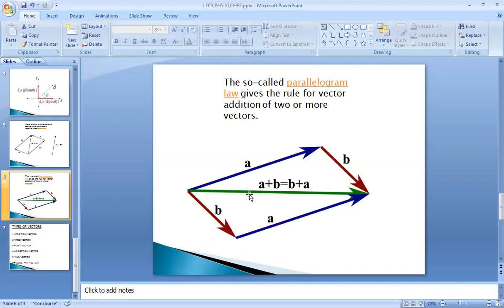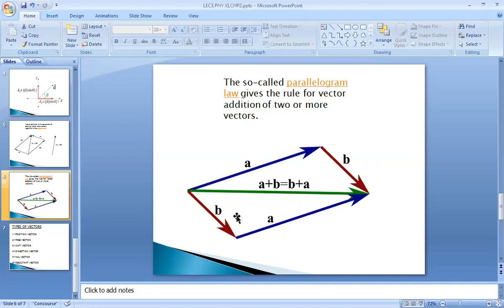See here, the green vector, initial to final. This arrow will not be on the left side; it is on the right side because it is directed from the initial to final. So one definition is very clear: a vector which is obtained by joining initial to final. Or, the second definition, it's a vector sum of all.